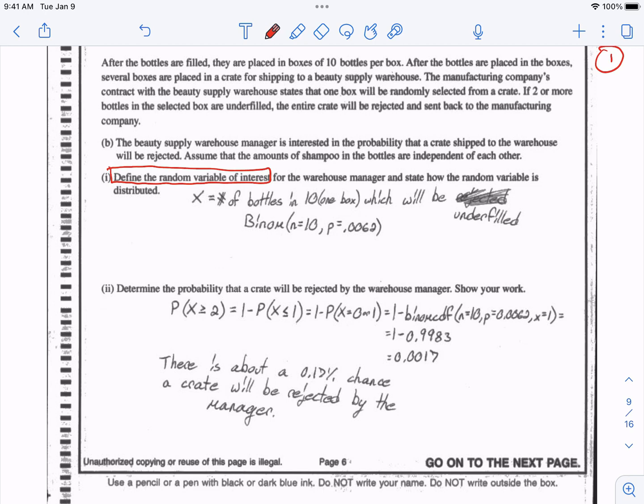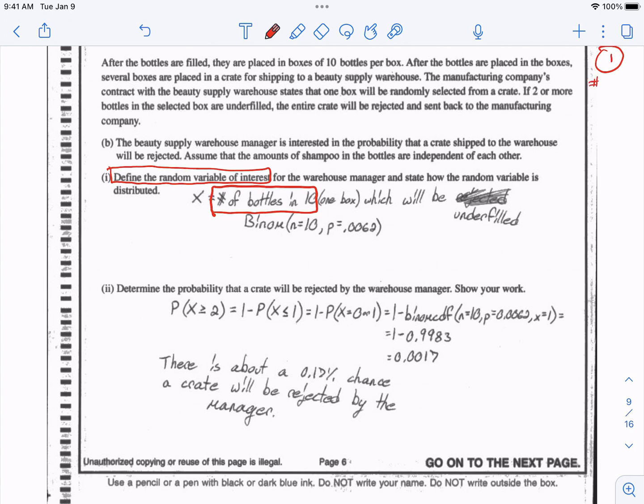This time, and you have to read the story because it's a little confusing, but this time, random variable X is the number of bottles in a box, and the box has 10, so it's the number of bottles out of 10. And so students had to communicate clearly that it's the number of bottles out of 10.